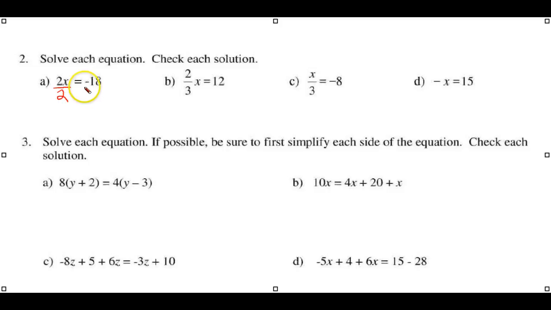And if we do one side, we do the other. So these cancel out, and we get x equals a negative 9. Now, you'll notice I'm trying to keep the equal signs lined up, and I'm doing this in a sequential way.